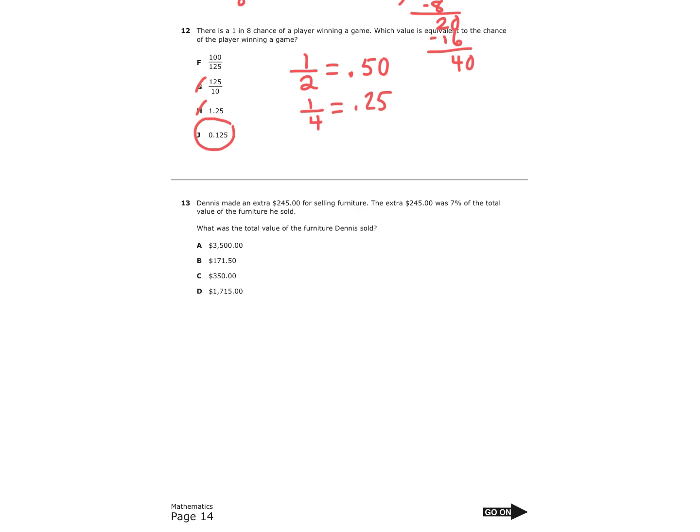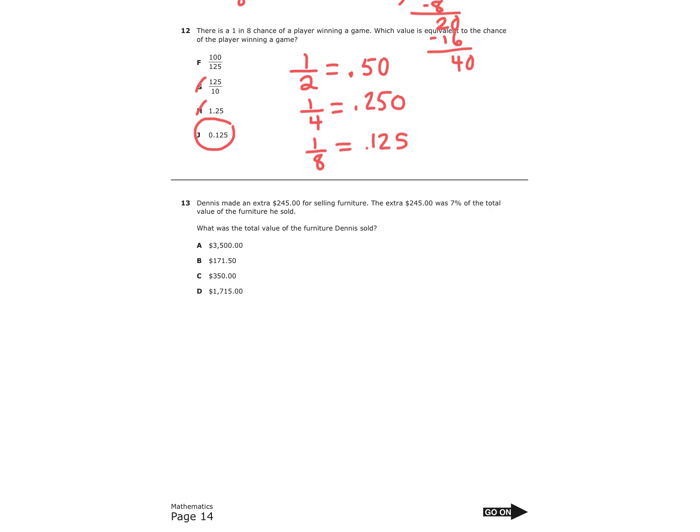Now, we don't have 1/8 of a dollar, but we do know that 1/8 is 1/2 of 1/4. So if you take 1/2 of 1/4, you get 1/8. What's half of 25? Well, 0.25 is the same as 0.250. Half of 0.250 is 0.125.